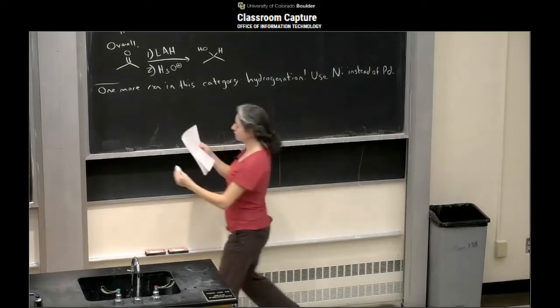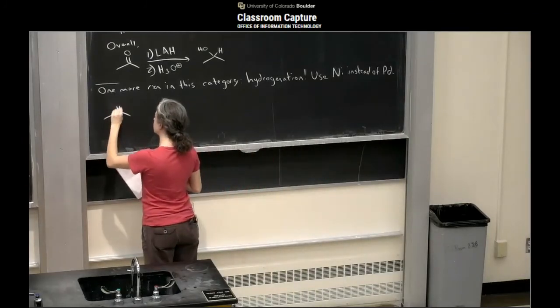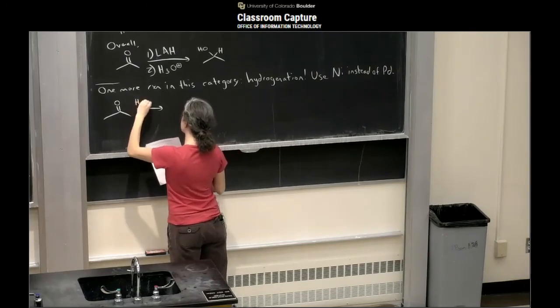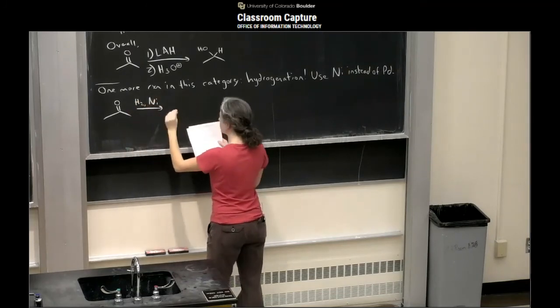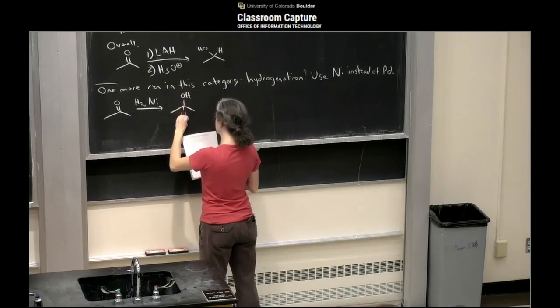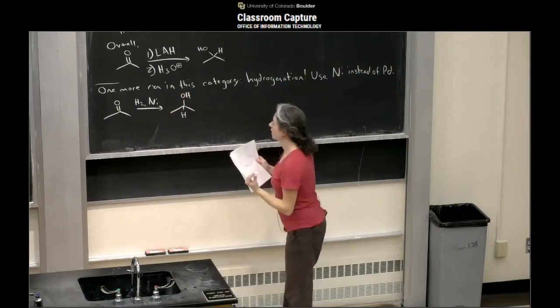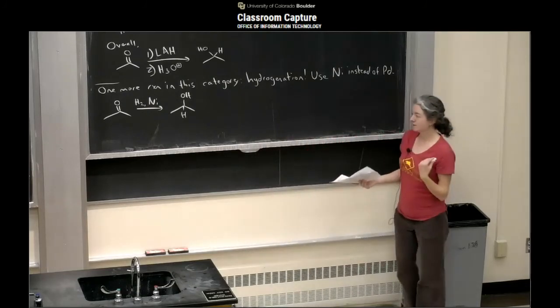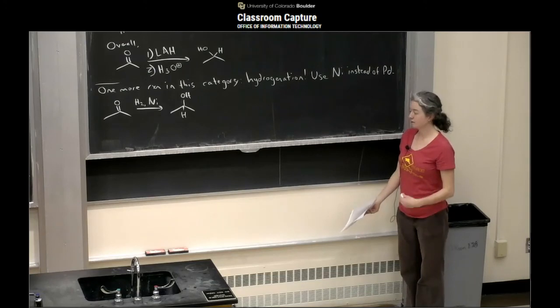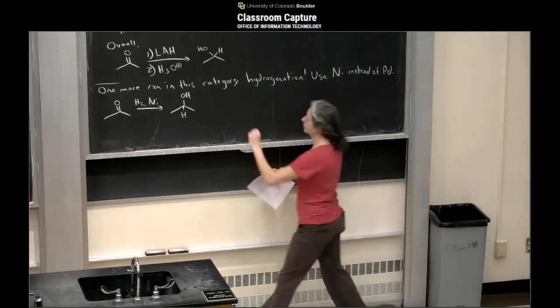All right, so take your carbonyl and you hit it with H2 and nickel, and you are going to hydrogenate that bond. The huge downside to this is that even though we don't normally use nickel for alkenes, it'll go after alkenes just fine.